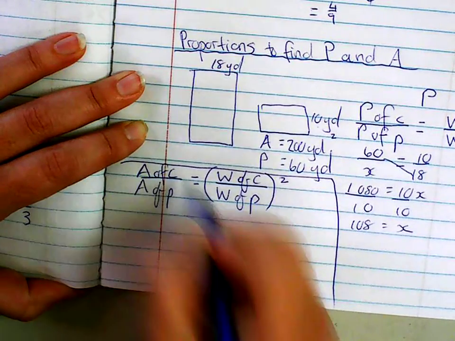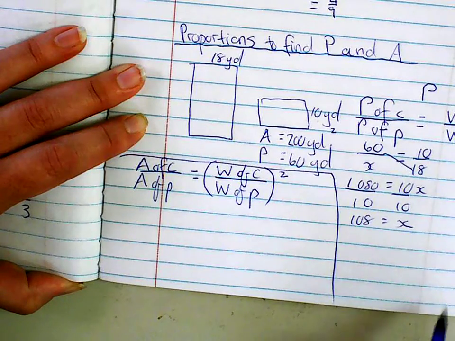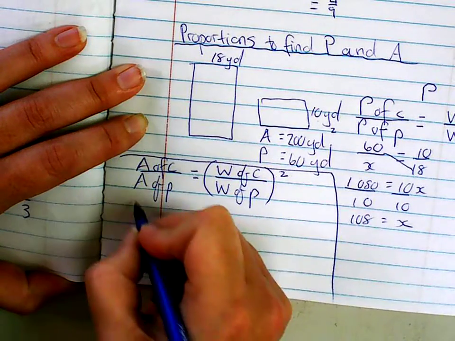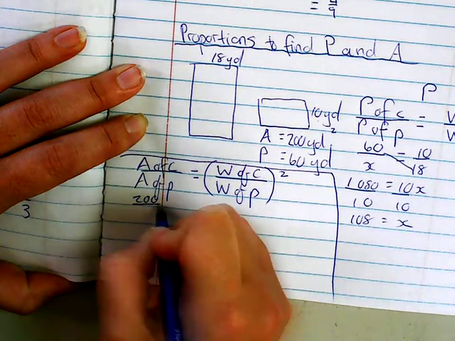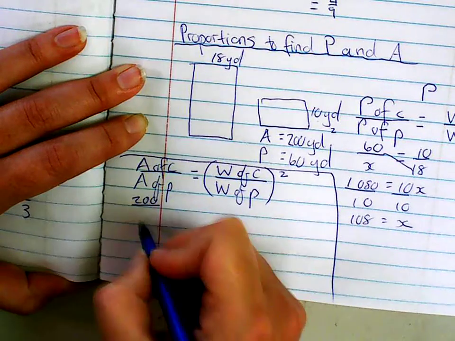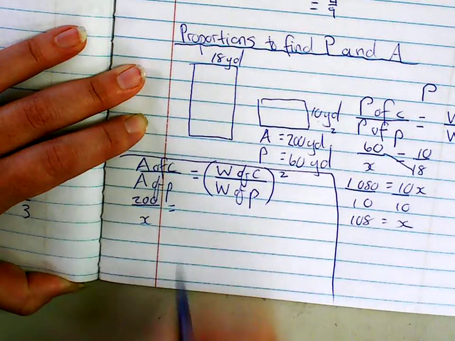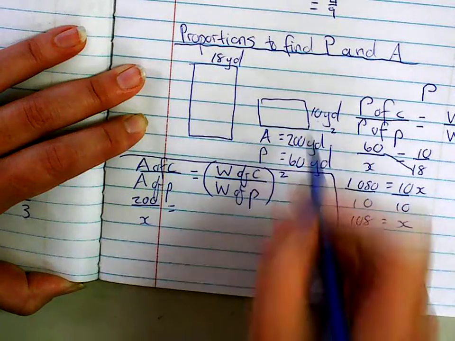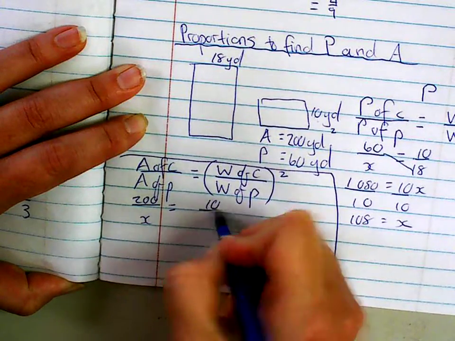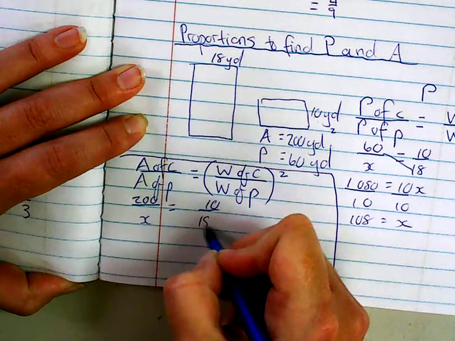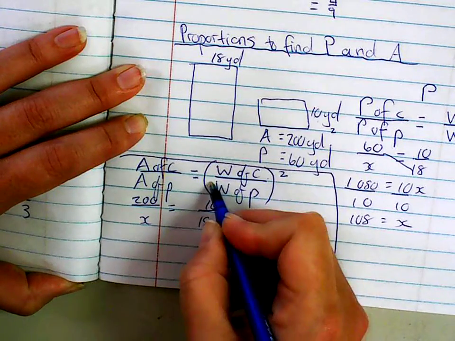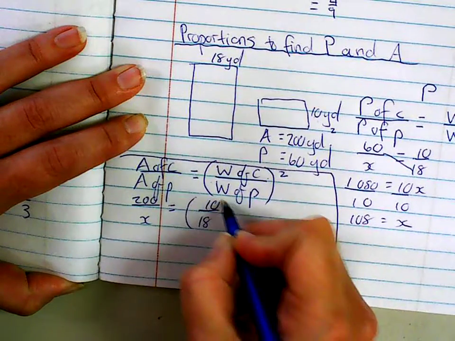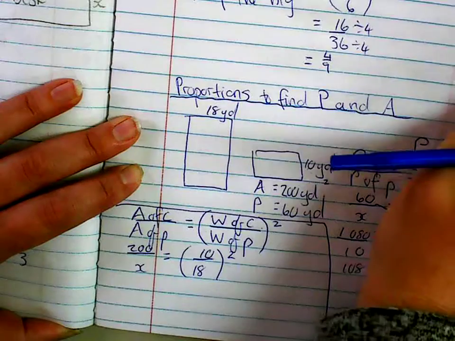So if I fill this in, I get this. The area of the court was 200. The area of the pool, we did not know. The width of the court, we know is 10. The width of the pool, we know 18. But since it's area, this is going to be squared.